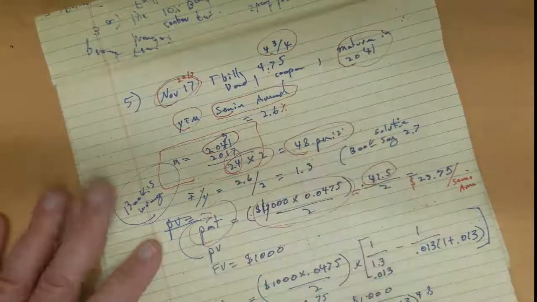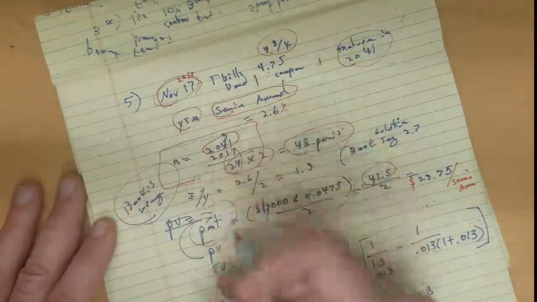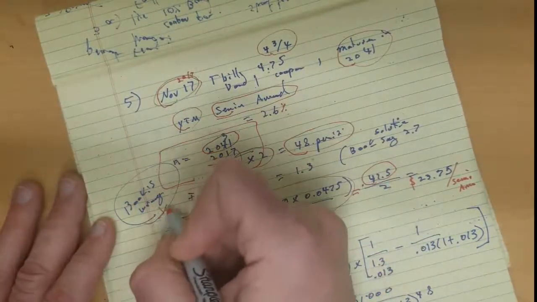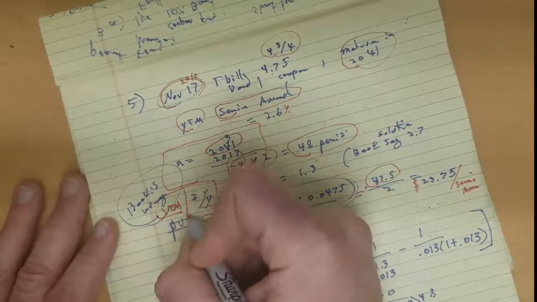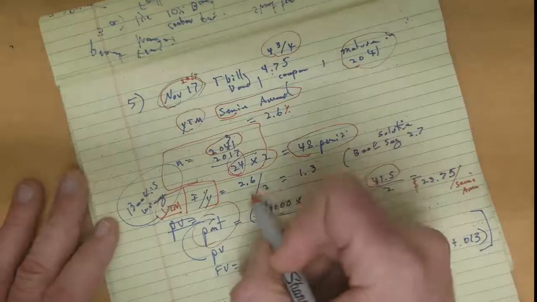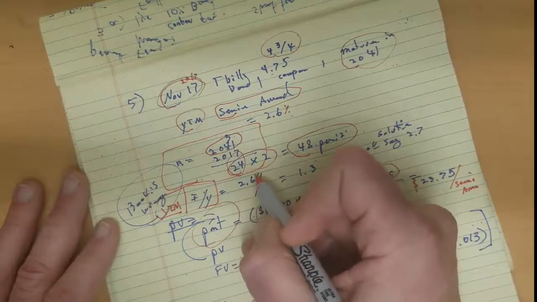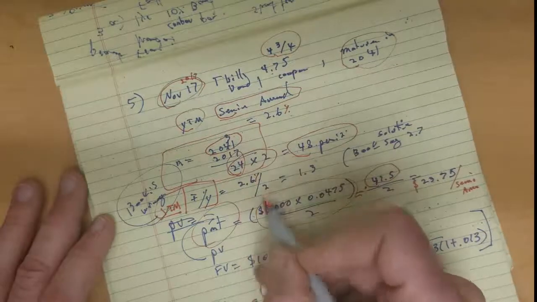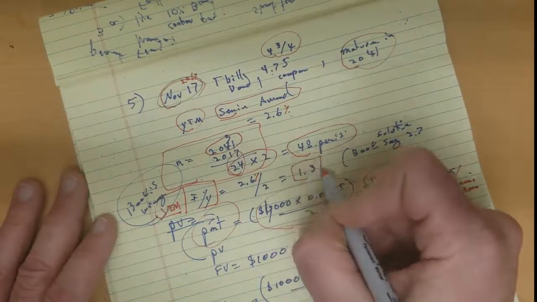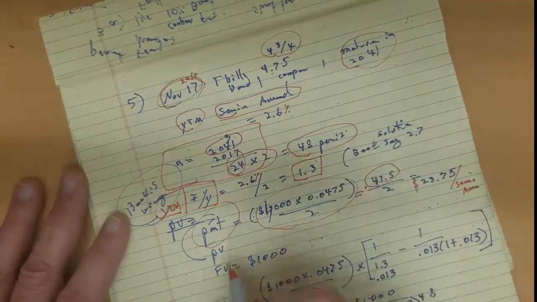Here's N, all right, for the calculator. Here is yield to maturity, all right, and there's our I over Y, and we've got 2.6%. So you just enter that straight in the calculator, divide by 2, you get 1.3. That's what I'm going to put in the calculator.